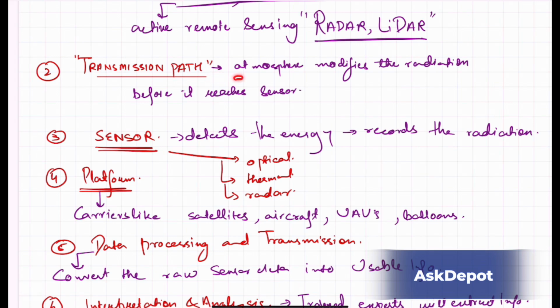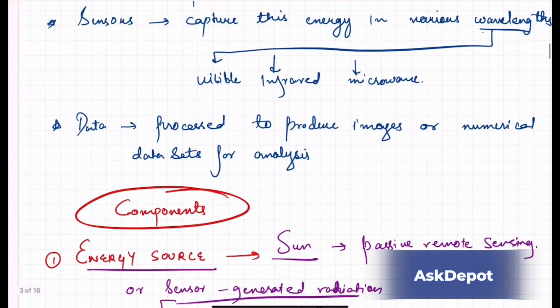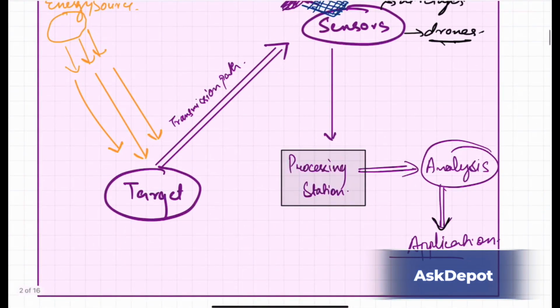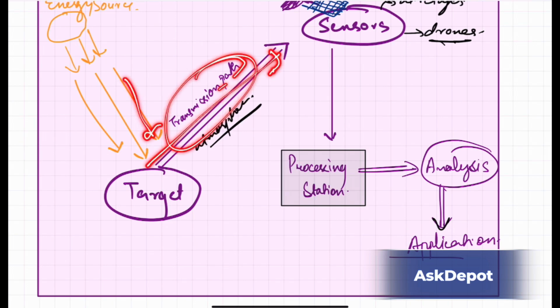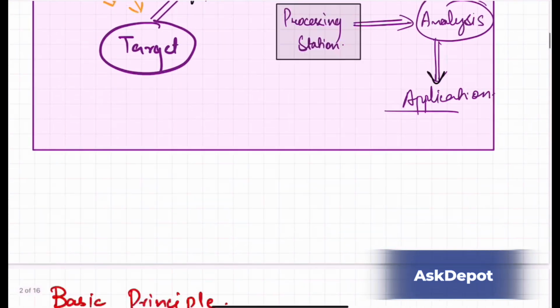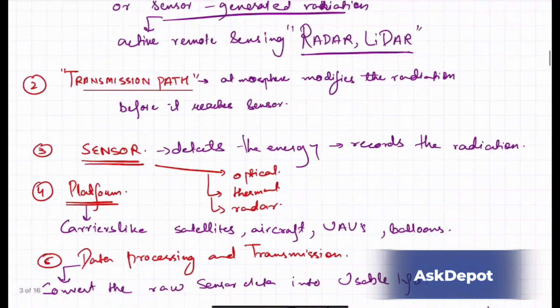The atmosphere modifies the radiation before it reaches the sensor. The rays that are incoming will be different from what is being transmitted, as there will be changes and modifications through the transmission path.